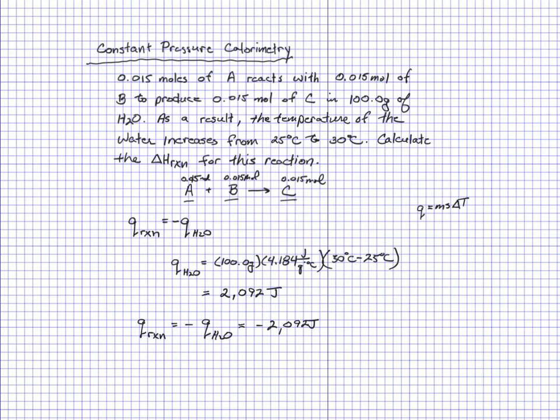So the enthalpy of the reaction is going to be equal to the heat that was given off, per mole of reaction, which is 0.015 moles, which when we plug it into our calculator gives us 139,467 joules per mole.